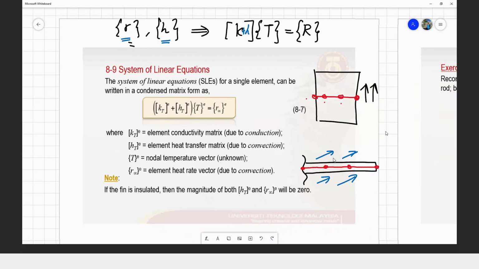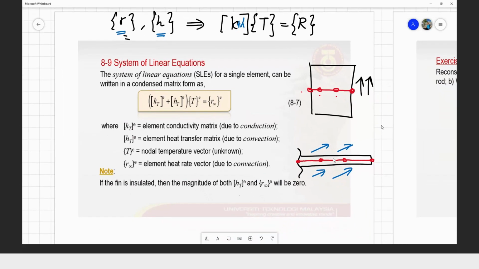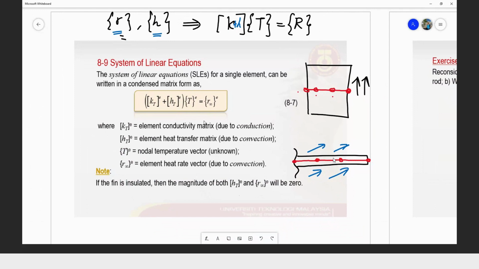So for these heat transfer problems, the equations as shown here are embedded with the convection effects straight away.